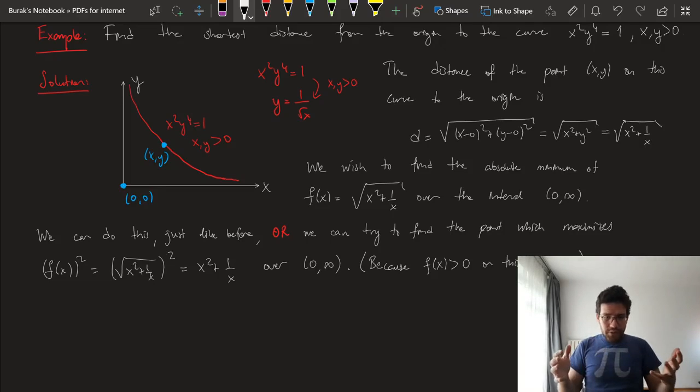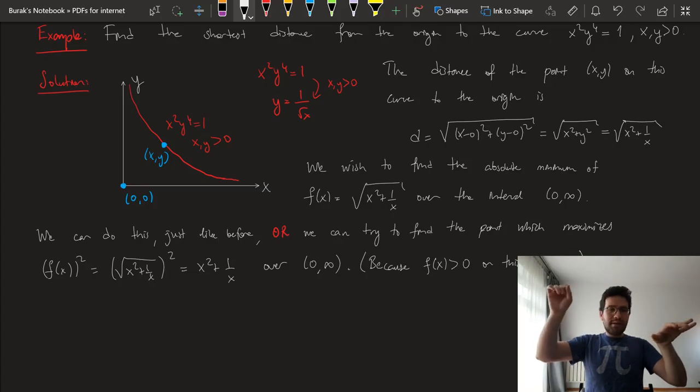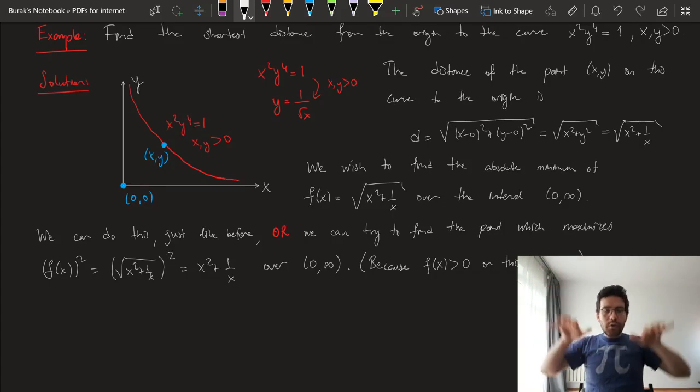So if you have a bunch of numbers, and one of them is the maximum and the other is the minimum, when you square everything, the ones that give you the maximum and minimum among the squared numbers will be the same as the old ones.